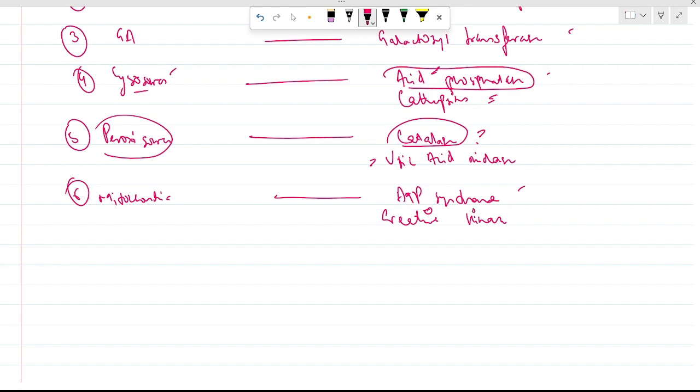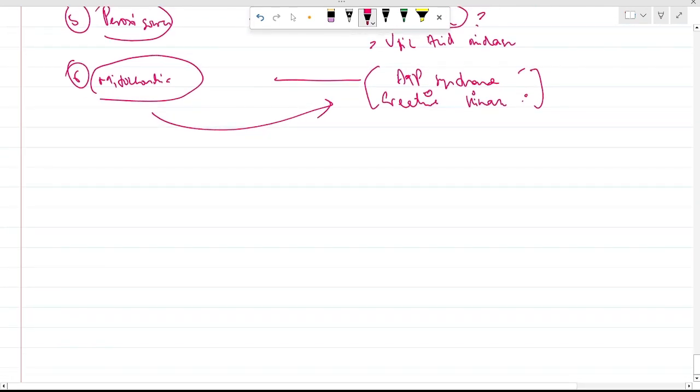Creatine kinase is an important enzyme in the formation of creatine phosphate. Remember, these two are important enzymes for formation of energy releasing molecules. So the mitochondria, the powerhouse of the cell, has marker enzymes ATP synthase and creatine kinase, the energy releasing molecules.